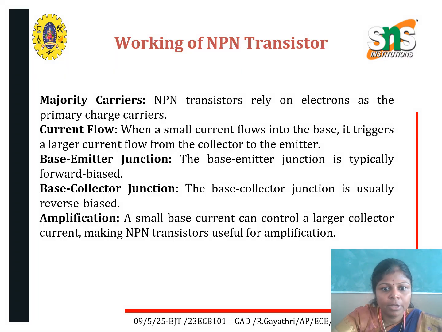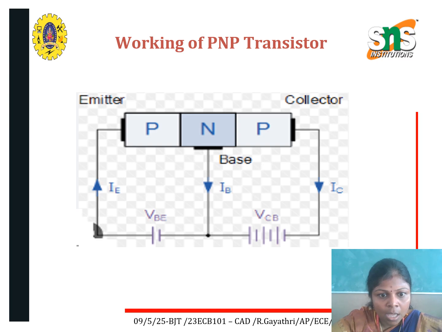Then working of PNP transistor. Here also, when we apply forward voltage and reverse voltage, the emitter current will flow towards the P type, the base current will flow out, and the collector current also flows out from the terminal. So the arrow mark will be inward for PNP transistor.